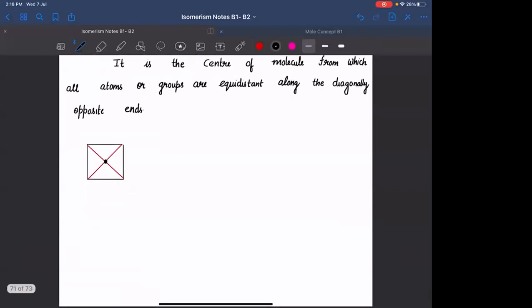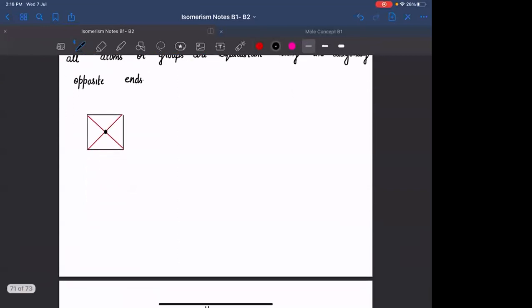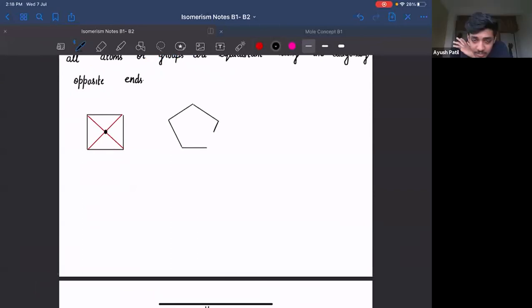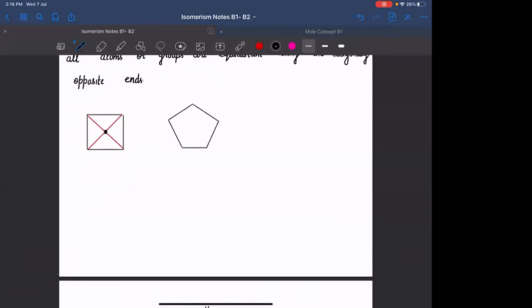मतलब क्या है? If you are having a pentagon, pentagon में कितना sides रहेगा? Need students? 5. Very good. बस इतना ही काफी है, हमें इतना ही जानना है.